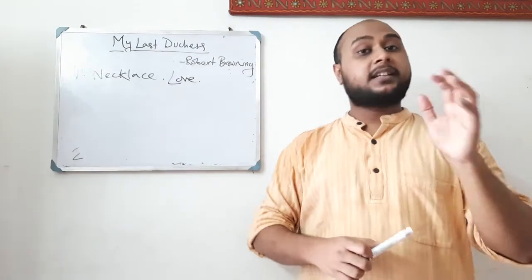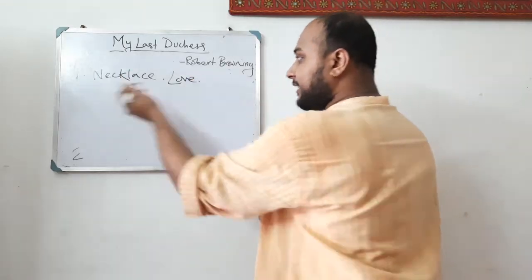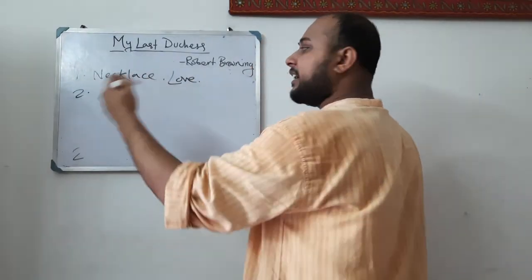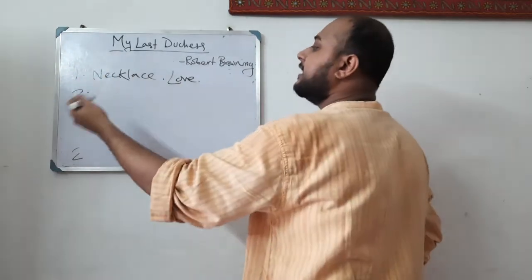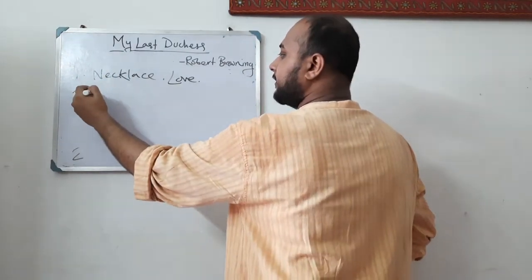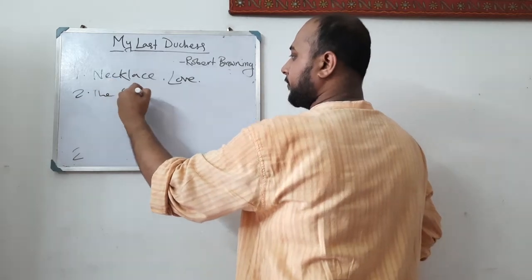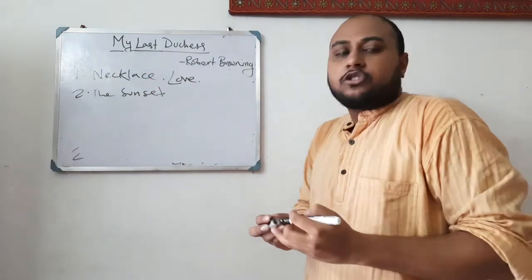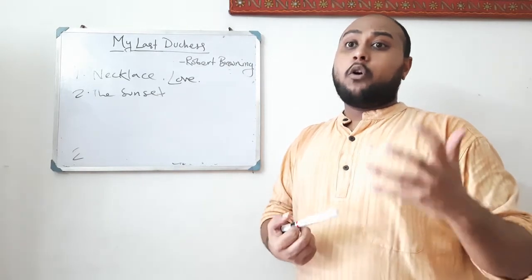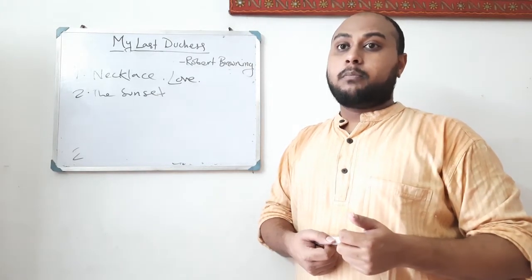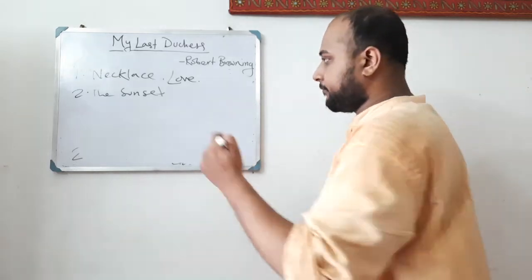Number two, the dropping of the daylight in the west. She gets equal satisfaction or happiness from this as she gets from seeing the sunset. So the sunset also brings equal happiness. What else? The bough of cherries some officious fool broke in the orchard for her.